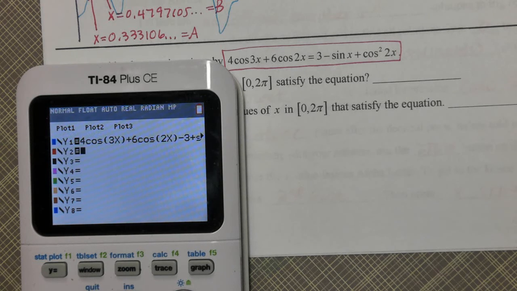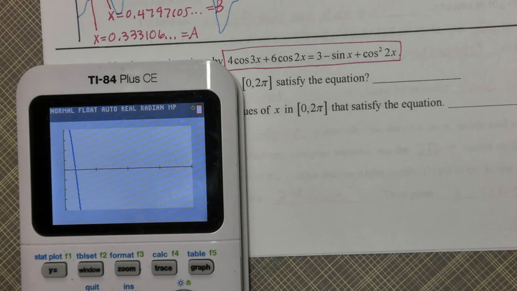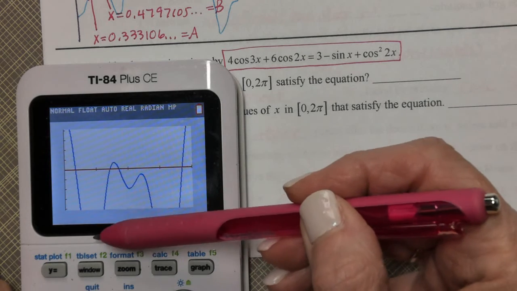So you might want to look that equation over again, make sure you typed it in correctly. And our window is still set right, so I'm just going to hit graph. And I can see here that I am not seeing the entire curve.